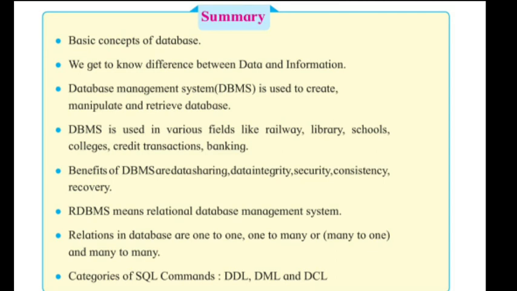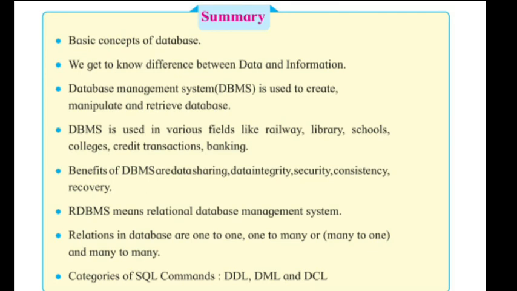Thereafter we discussed data models, in which we focused on the relational model. Then we focused on transaction properties, represented by the ACID properties, that is atomicity, consistency, isolation and durability. Thereafter guys, we focused on RDBMS.